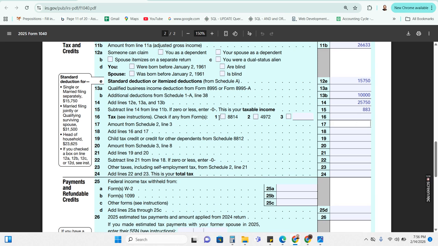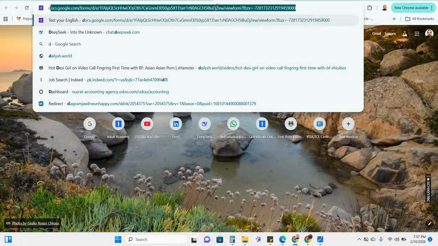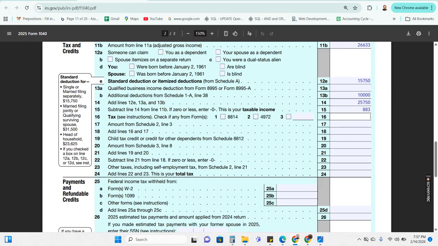So the amount from Schedule 2 line 3, I don't have any Schedule 2. And at lines 16 and 17, I don't have. On line 16, if I go to the tax table, what is the tax on 883?